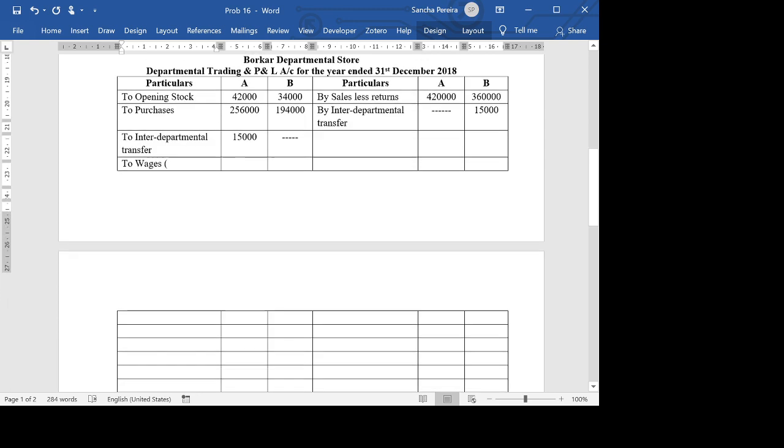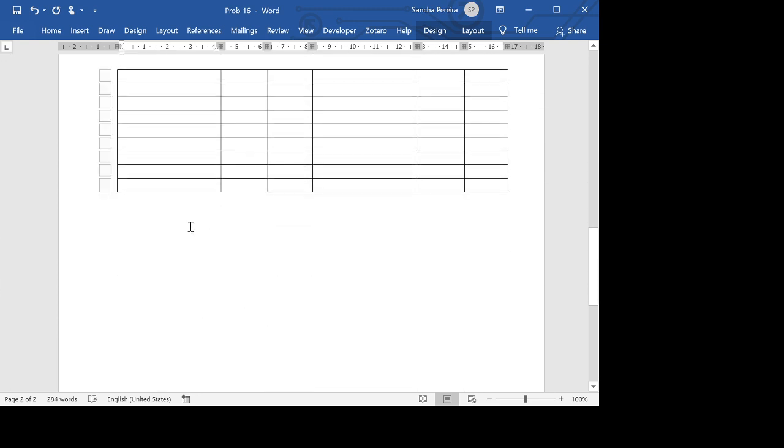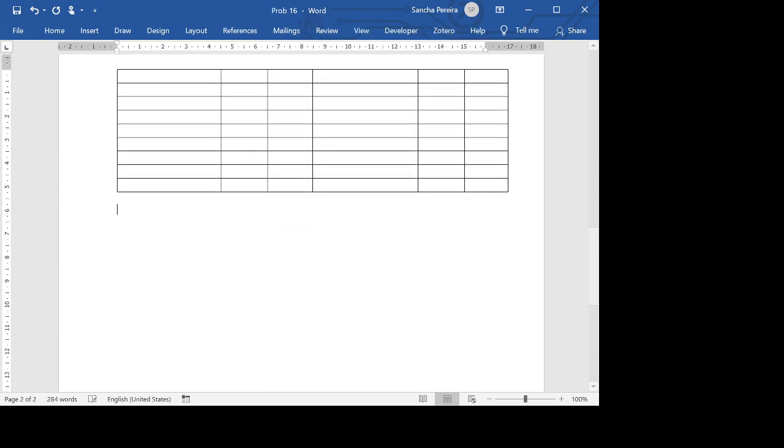Let's see what ratio we get. Purchases 2,56,000 is to 1,94,000.